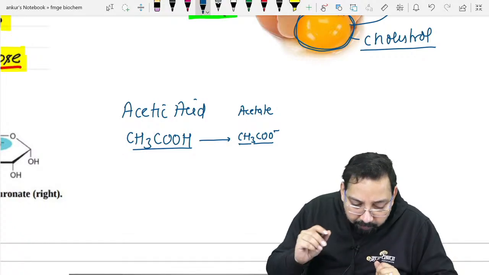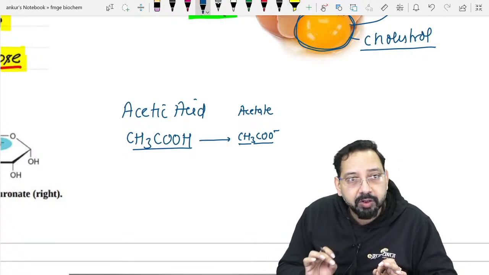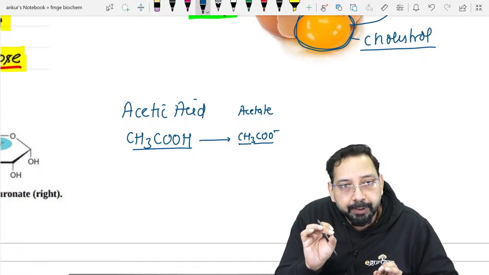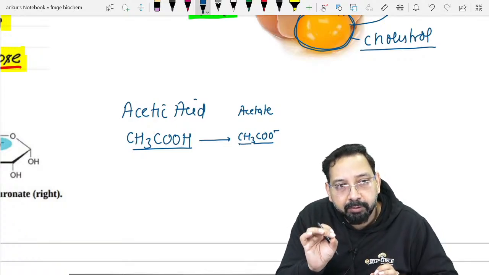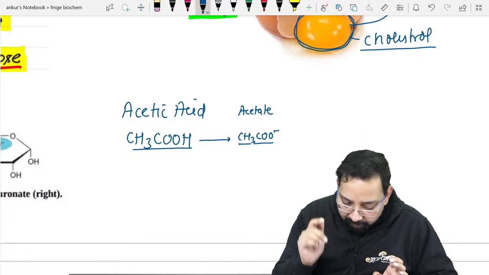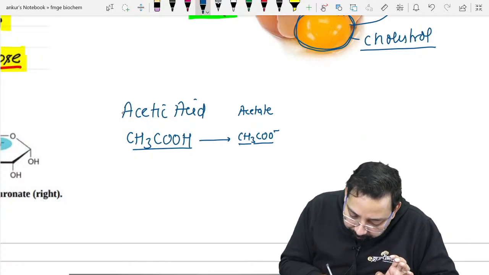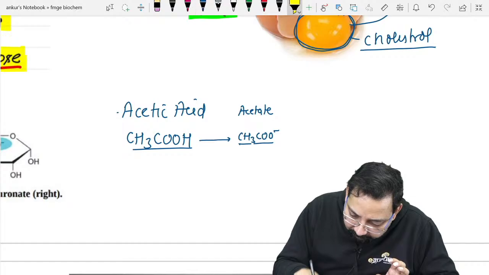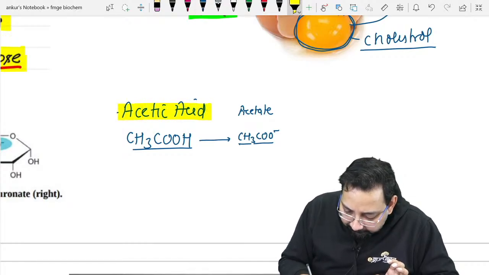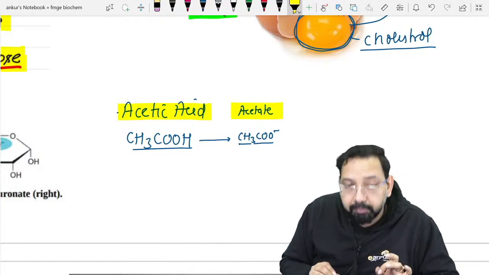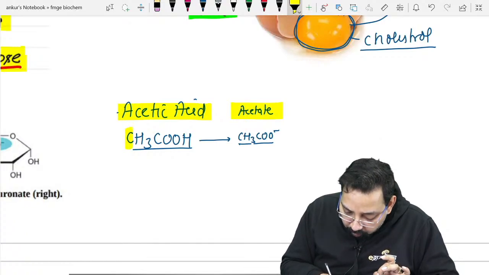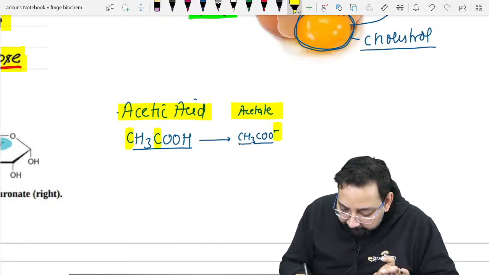So whenever in complete biochemistry you find a carboxylic group, it will ionize to acquire which charge? Negative charge. For question purposes, acetic acid and acetate are the same, having 2 carbons and negative charge.